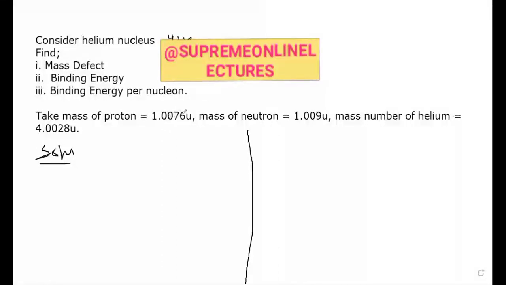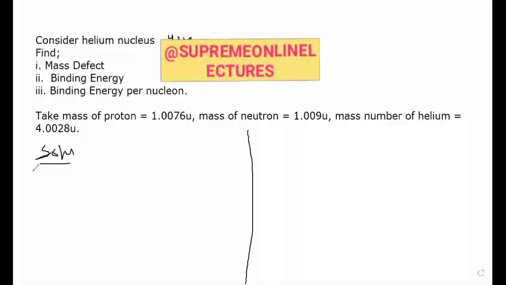The mass of proton is given, mass of neutron is given, mass of helium is given. In the equation, the helium nucleus is considered. We have proton number here, we have mass number. So we are going to first find the neutron number.